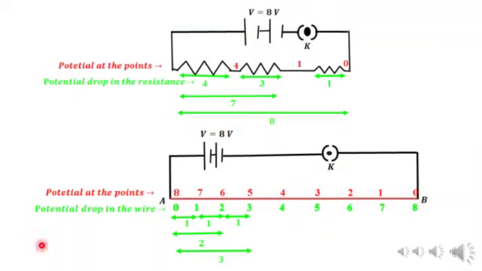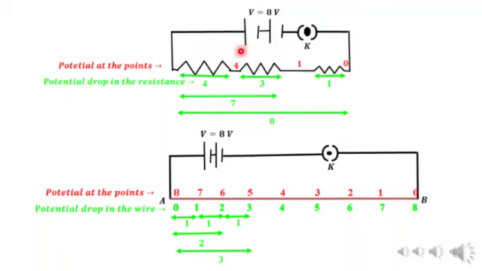Consider a circuit with a cell, key and three resistors as shown in the figure. When the key closes, current flows through the circuit and potential drops across the resistances.